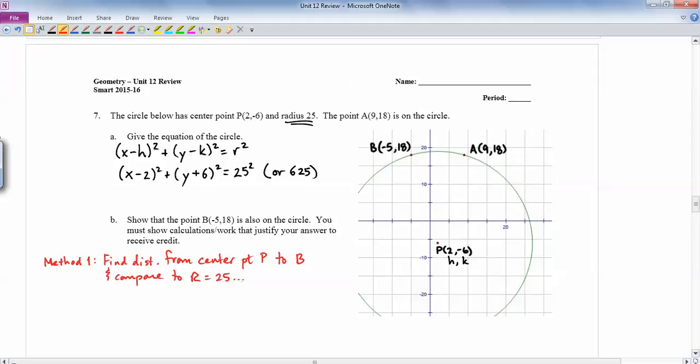Okay. So if I draw that line right there, and pretend that you don't know that B is on the circle yet, well, I can make a little slope triangle. And let's see, it goes from 2 to -5 across, so that's 7 across. And from -6 to 18 is 24 up.